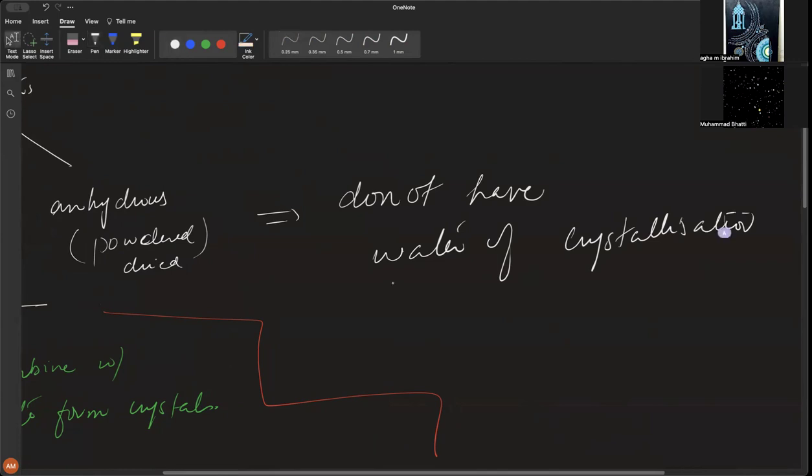They do not contain water of crystallization. That is why they are called anhydrous ones. And most of the time they are powders.